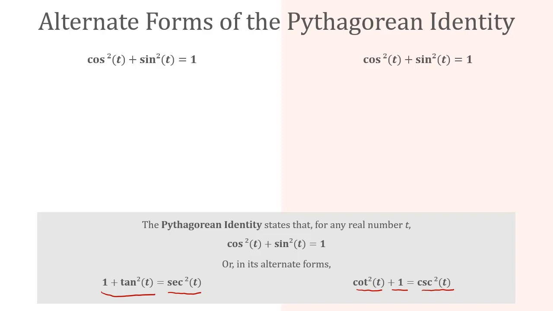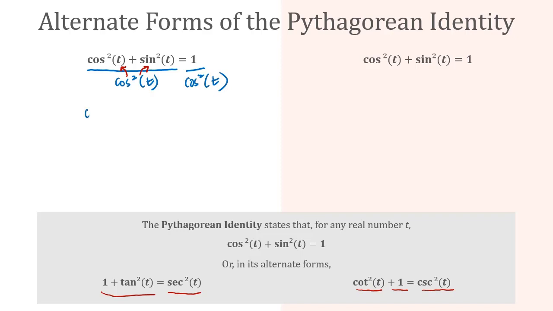For the first one, I take and divide each side by cosine squared t. So I'm going to divide the left-hand side by cosine squared t, and I'm going to divide the right-hand side by cosine squared t. Here's what I get. This cosine squared t divides into each one of these terms, just normal rules of arithmetic.